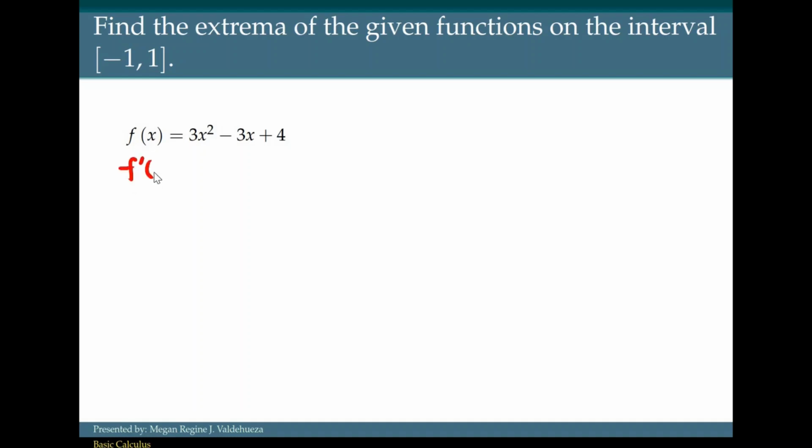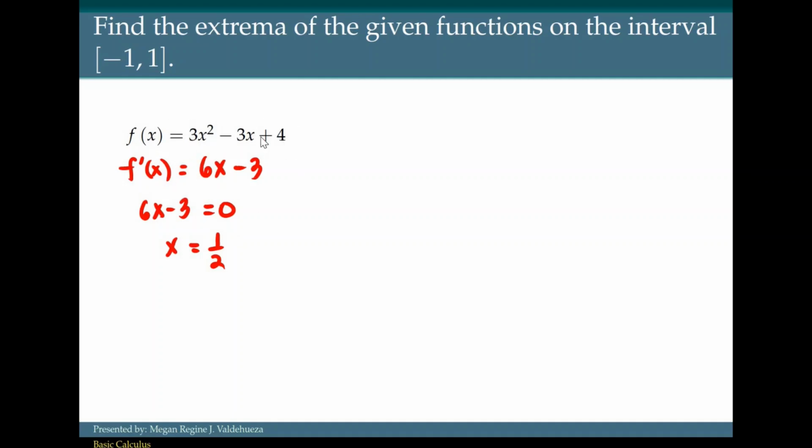The derivative of this function is equal to 6x minus 3, right? And to determine a critical point, since this is a polynomial, then it will exist for any value of x. So 6x minus 3, equate that to 0. And we got a critical point 1/2.